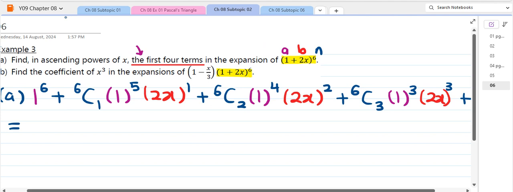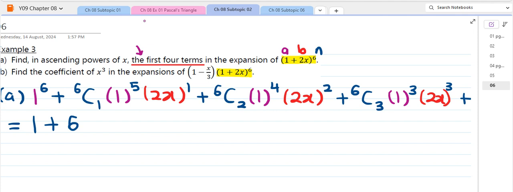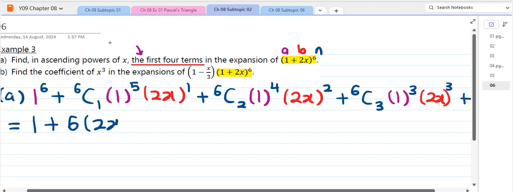So here 1 to the power of 6 is 1. 6C1 is 6, 1 to the power of 5, and every power of 1 will always be 1, and 2x to the power of 1 is 2x. And the next term is 6C2, which is 15.